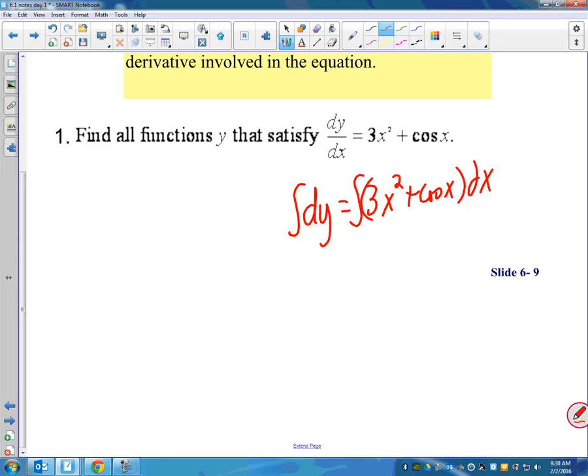What would the integral of this side be? How would you integrate dy? If I put a 1 dy. What if I said integrate 1 dx? What would you say?